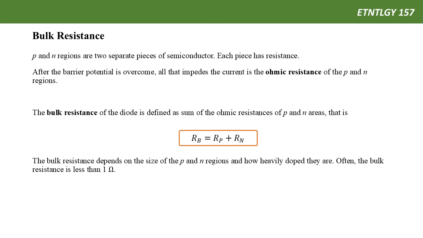The bulk resistance of a diode is defined as the sum of the ohmic resistance of N and P materials. The formula is the bulk resistance RB equals RP plus RN. The bulk resistance depends on the size of the N and P regions and how heavily they are doped. For most diodes, the bulk resistance is less than 1 ohm.